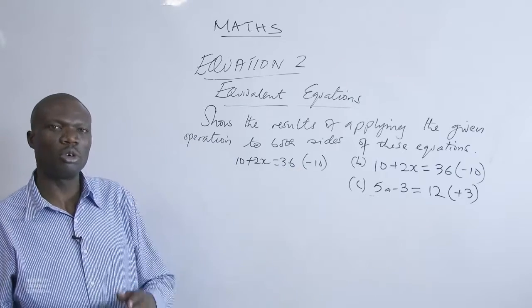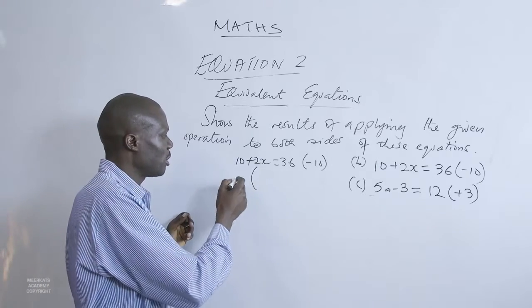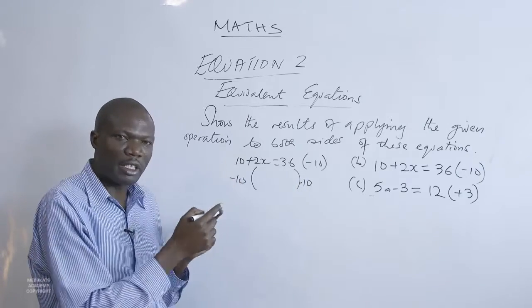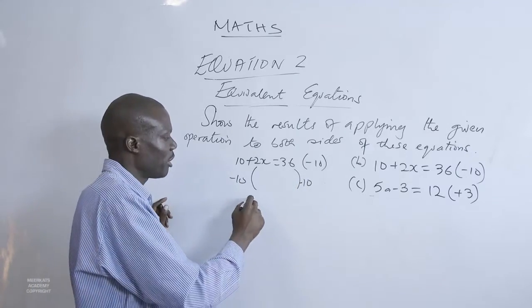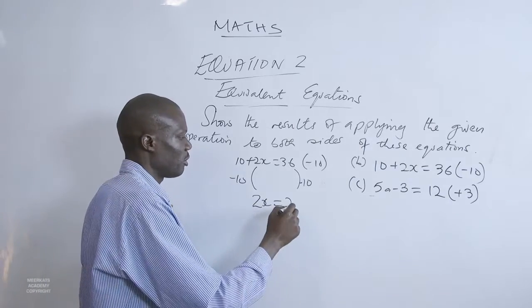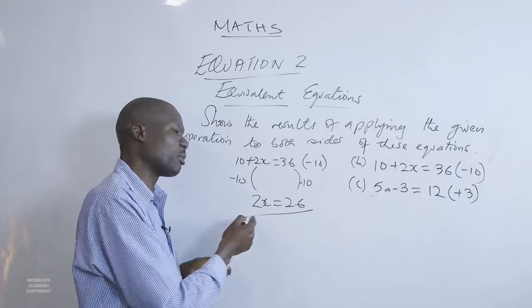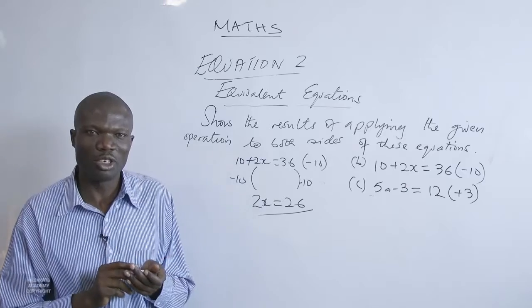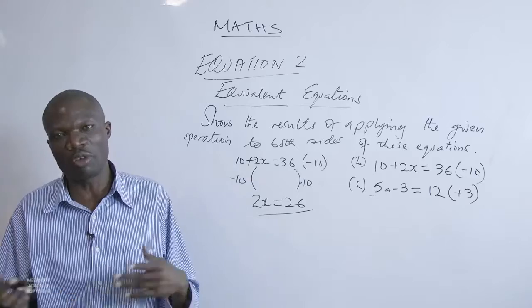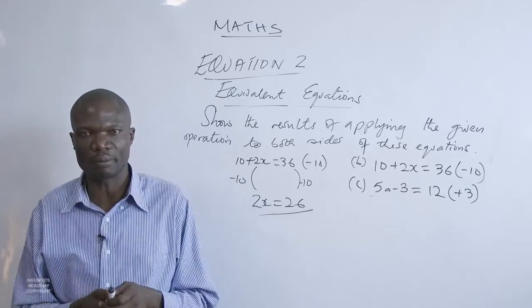So we shall subtract 10 from this side, and also subtract 10 from that side. 10 plus 2x minus 10 will remain with 2x, is equal to 36 minus 10, which is 26. So this is where we shall stop. We have not been asked to solve. We have only been asked to apply the rule of equivalent equations on both sides and see it working, and that's what we are doing here.